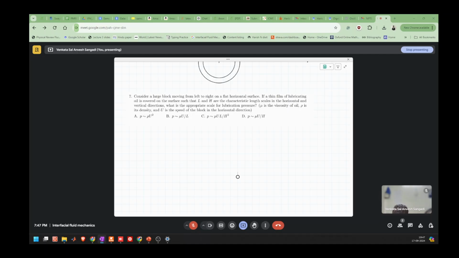If a thin film of lubricating oil is covered on the surface such that L and H are the characteristic length scales in the horizontal and vertical directions respectively, what is the appropriate scale for lubrication pressure? So if we make the diagram.